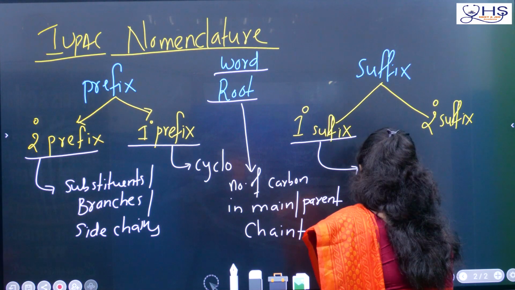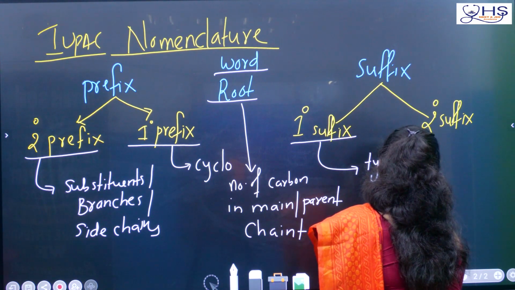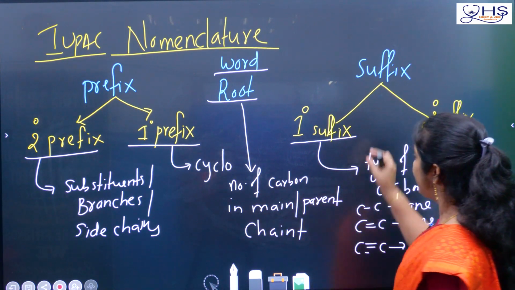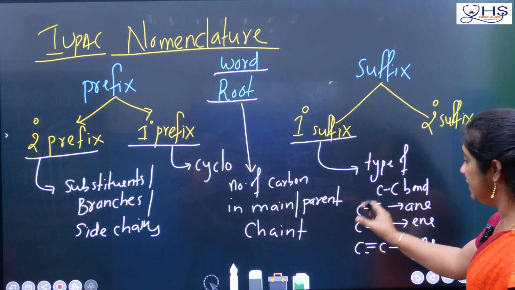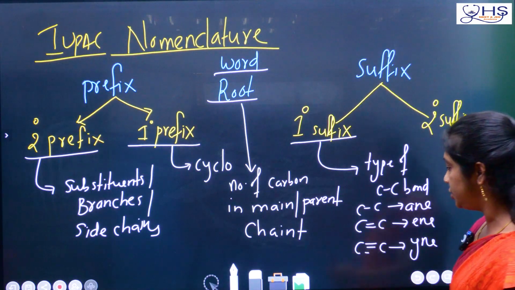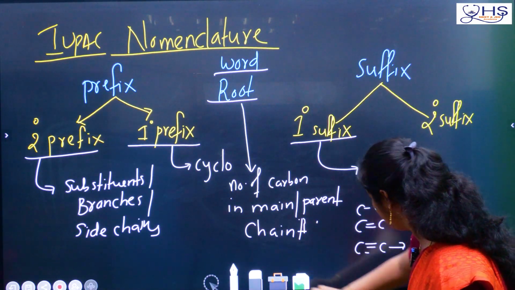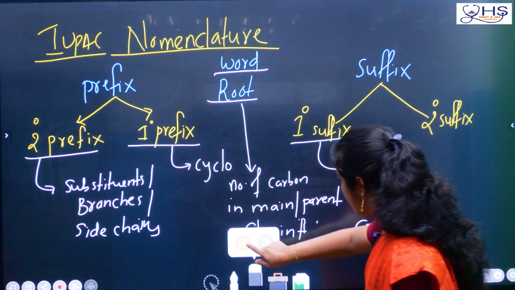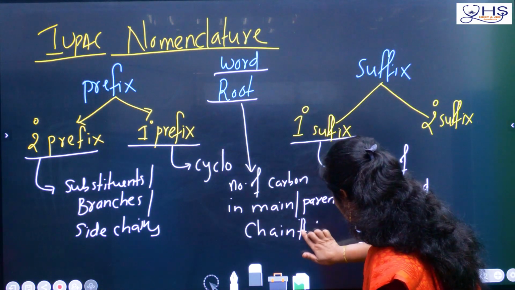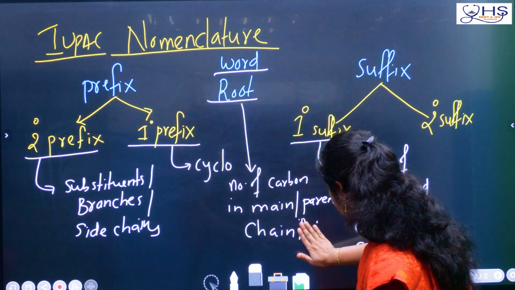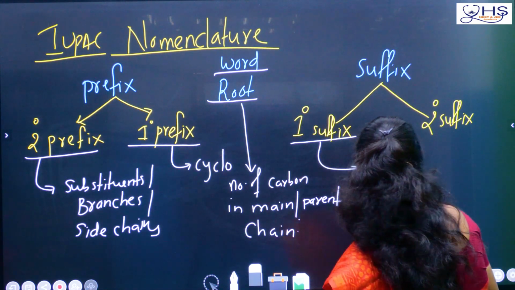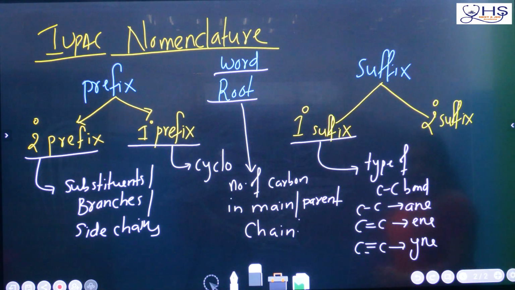If it is a triple bond, we will use the primary suffix as -yne. So the primary suffix indicates the type of carbon-carbon bond in the parent chain or main chain. If all carbon-carbon bonds are single bonds, then we will use the primary suffix -ane. If it is a double bond, we will use -ene.